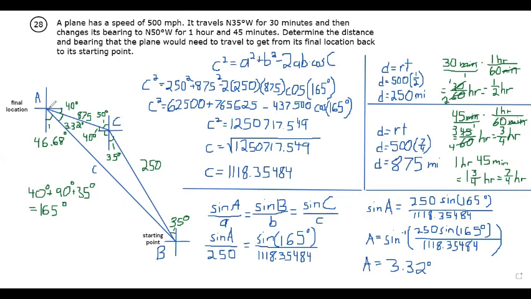Those correspond to the sides that are opposite of angles A and B. So the side opposite of angle A is 250. The side opposite of angle B is 875. So we can plug in 250 squared plus 875 squared minus 2 times 250 times 875 cosine of, and then it's the angle C. So the angle C is 165 degrees.